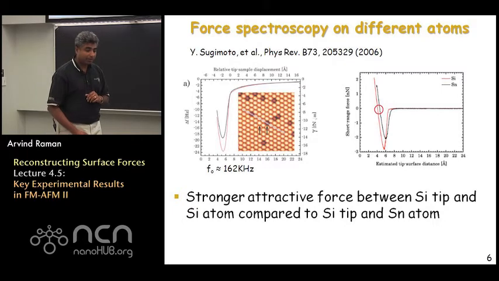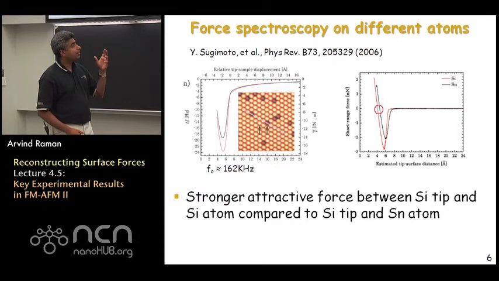So this became really interesting, the ability to look at atoms and go in and do the spectroscopy on them. The key point being that one could now start distinguishing through the force versus distance curves the interactions between different chemical species on the substrate.